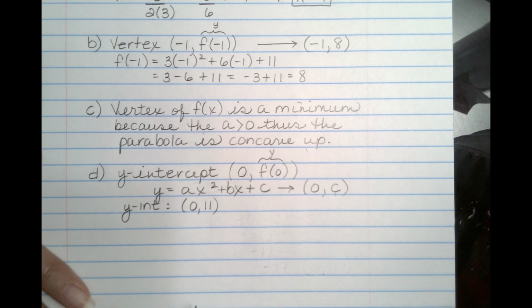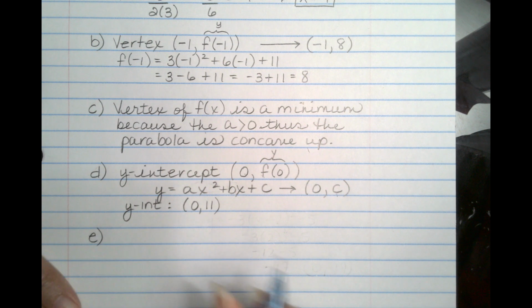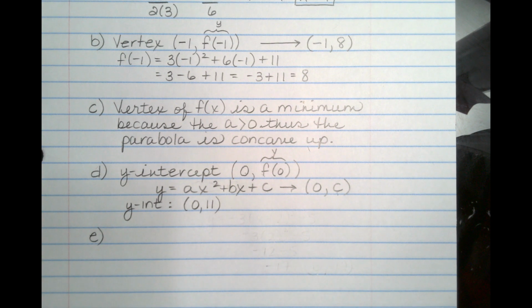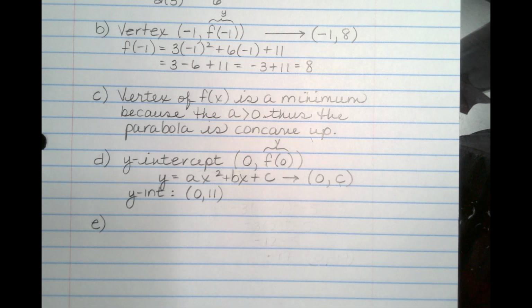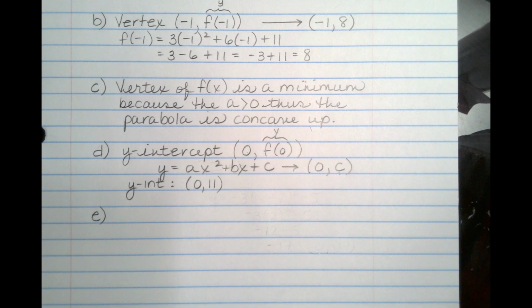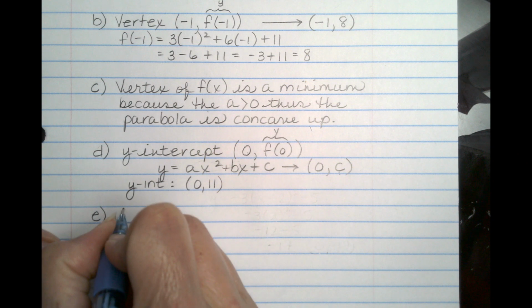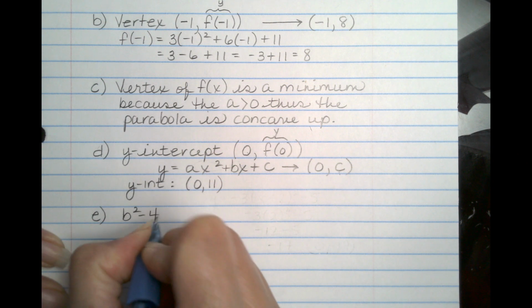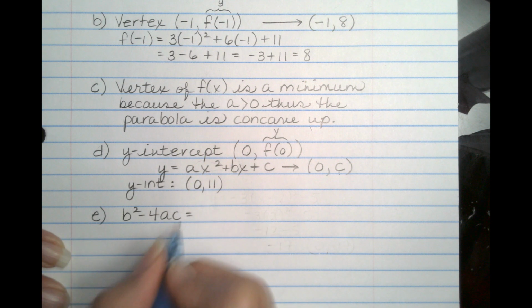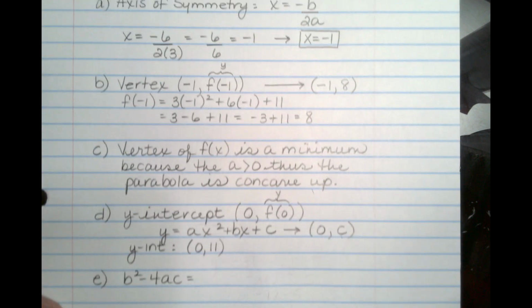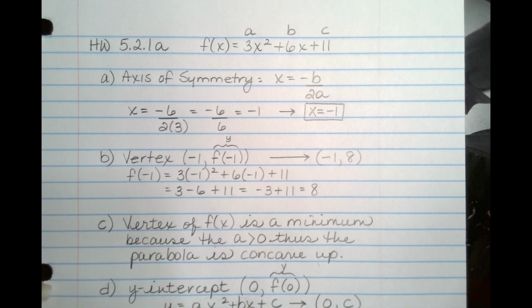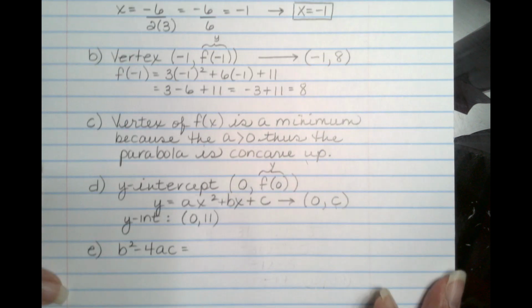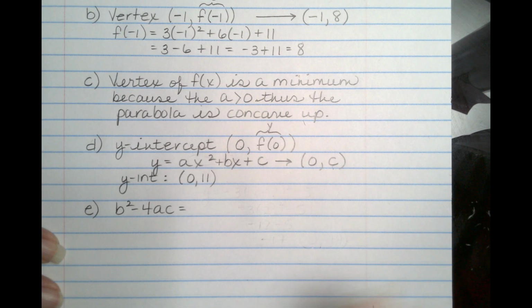Okay. E is asking us to find the discriminant of this parabola, but at the same time, when you find the discriminant, explain exactly what is the job of the discriminant. So let's go do that. Another formula you need to memorize: b squared minus 4ac. We are just merely going to substitute what we identified as a, b, and c into the formula. So b squared, since mine are hidden, use what you have on your paper.